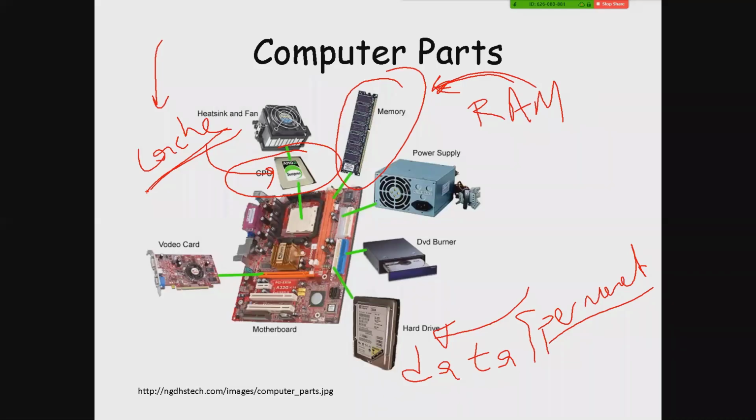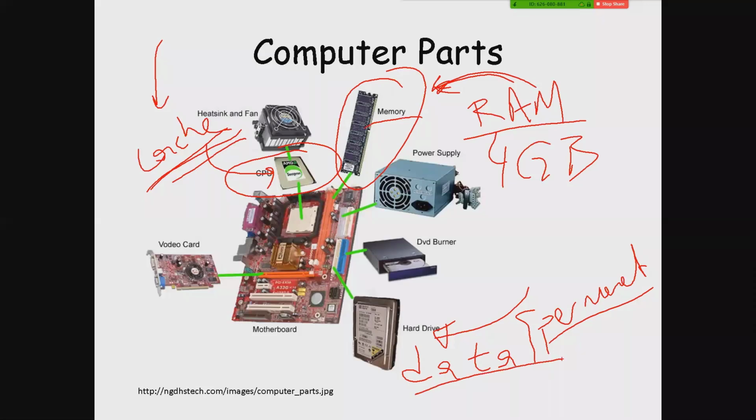The advantage of the memory and the CPU cache is that they are very fast to access. They're also more expensive. The typical RAM on your computer is several gigabytes. 4 gigabytes is the average on your laptops nowadays. So that's how much RAM your laptop has.